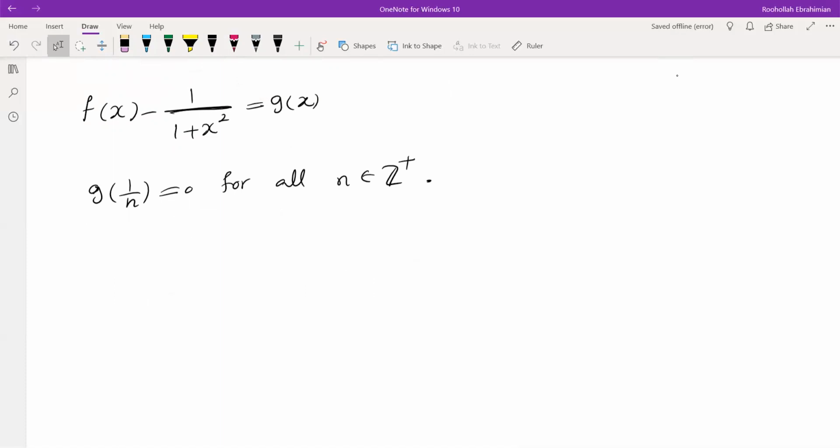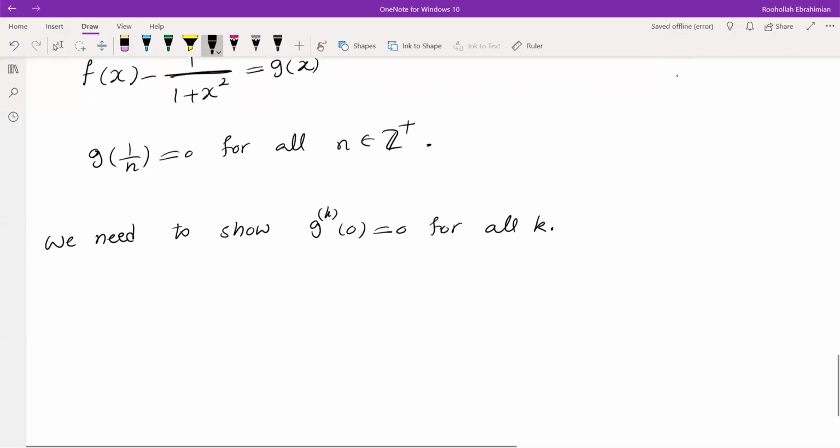It must be the same for every function. Therefore, there's really no other option: we need to show that the kth derivative of g at 0 is 0 for all k. That's what I'm trying to do, given the condition that g of 1 over n is 0.